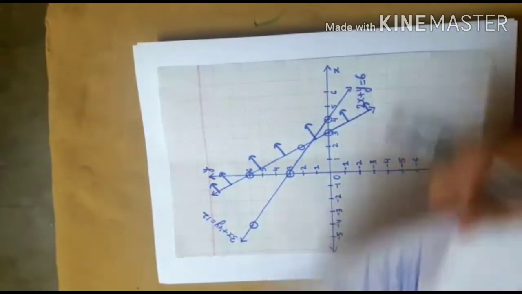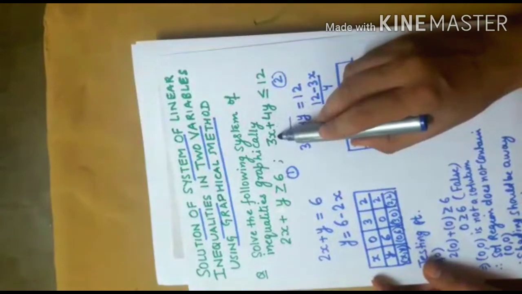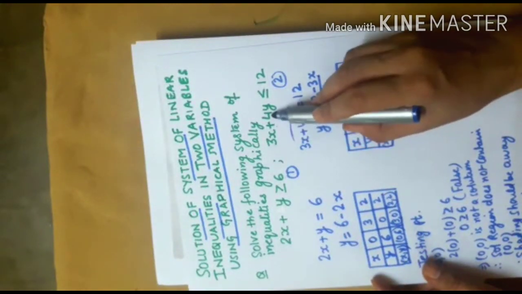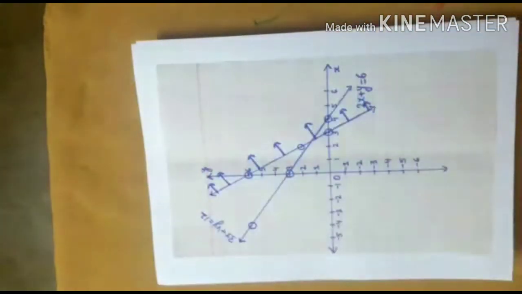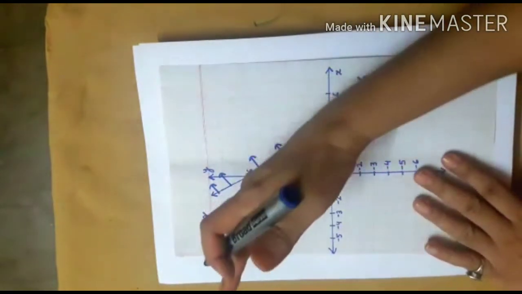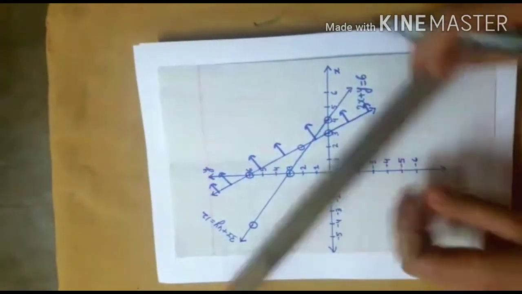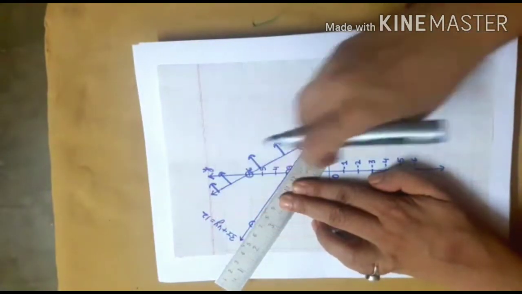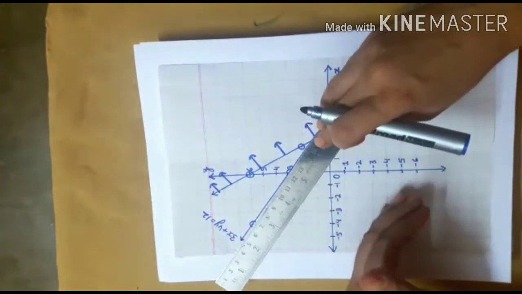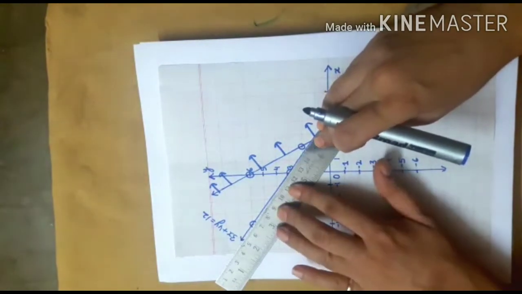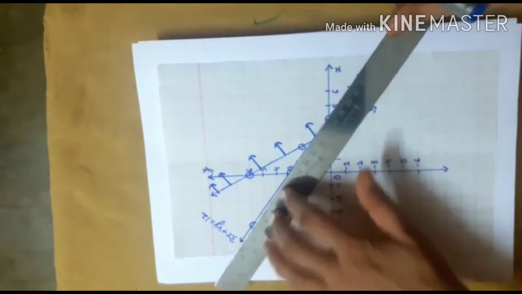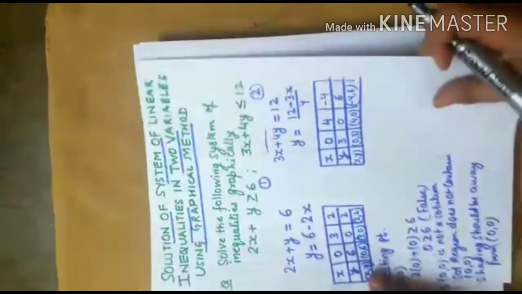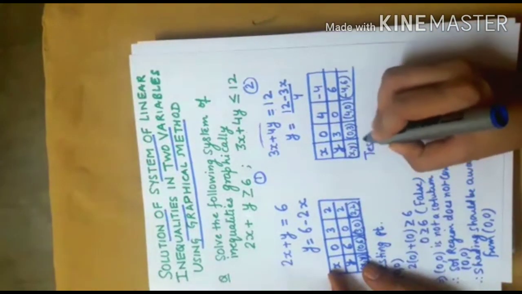Now, I have to identify the solution region of the inequality 3x plus 4y less than or equal to 12. This is the line. So either this part or this part will be the solution region of the given inequality. To decide that, I take the testing point.